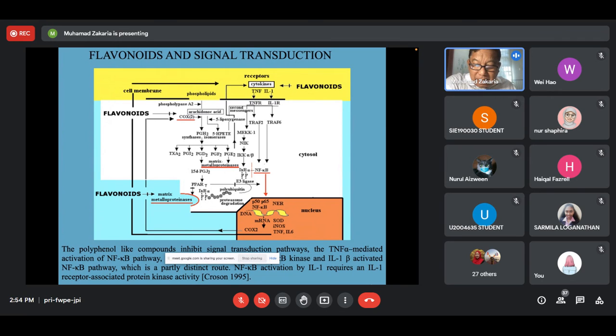NF-kB activation by IL-1 requires IL-1 receptor associated protein kinase activity. So when flavonoid inhibit some of these functions in the cyclooxygenase activity, then the result is reduced inflammation of the tissue. So it looks like such an important role in the body.